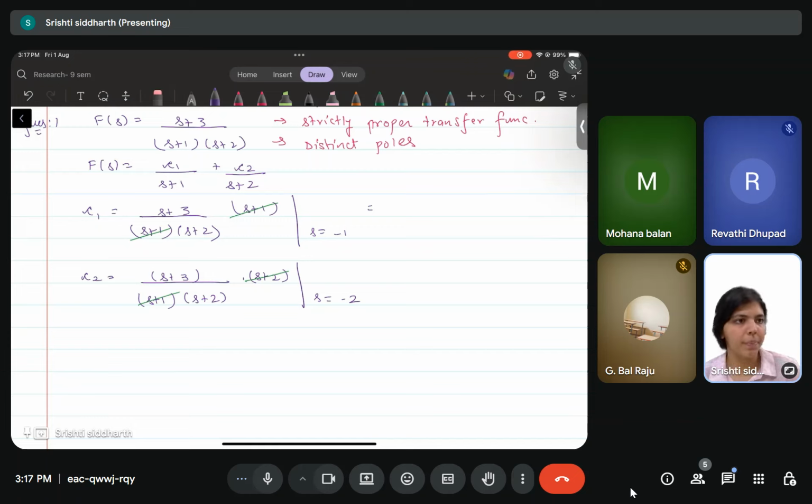And what is C1? And C2 is, so it's minus 2 plus 1, which is simply minus 1.